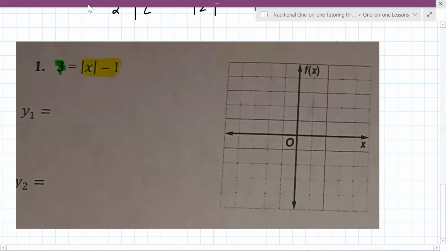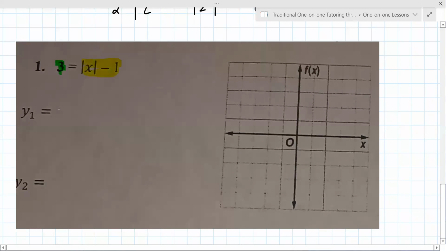We're gonna put the 3 with the Y1, and the absolute value of X minus 1 with the Y2.